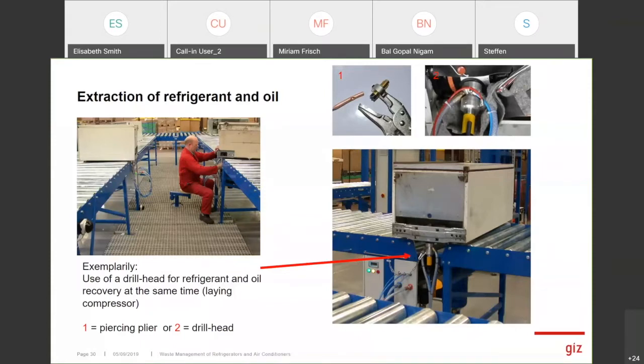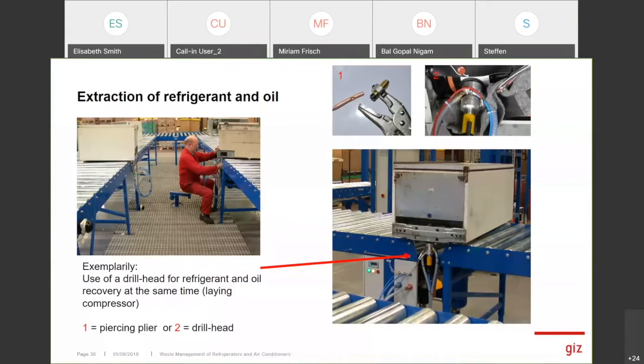The drill head has an advantage. It can suck refrigerant and lubricant from the appliance in one course. That means at the same time. And the recovery process is less than 1 minute.